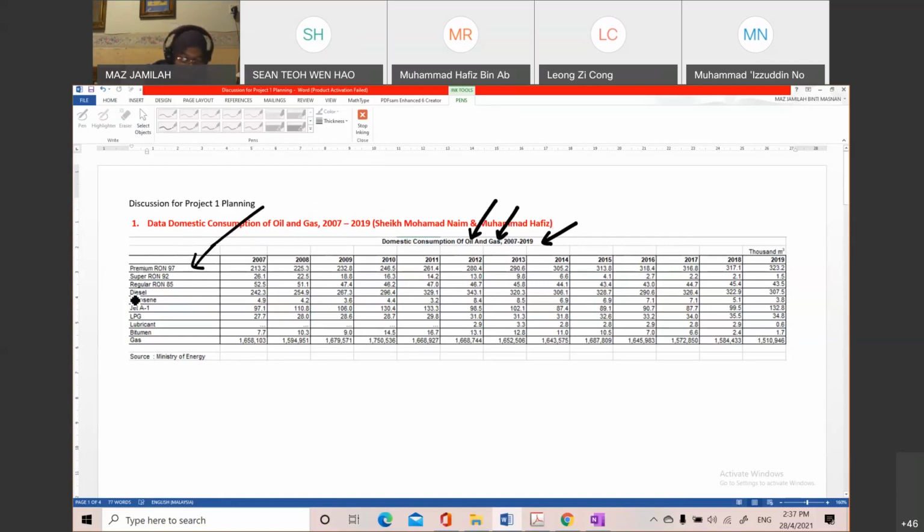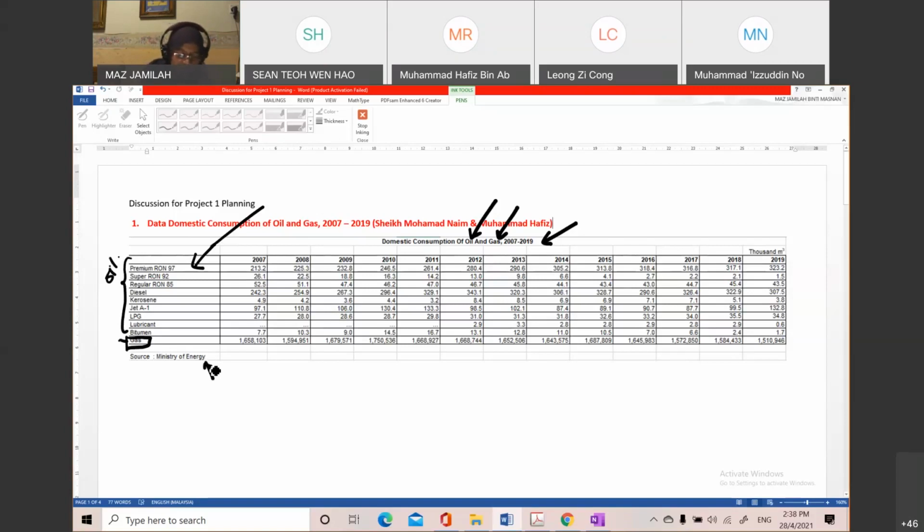From this list of oil and gas, if I'm not mistaken, the only gas data is this one, and the rest is for oil. So, class, before you begin your project, please understand your data first.